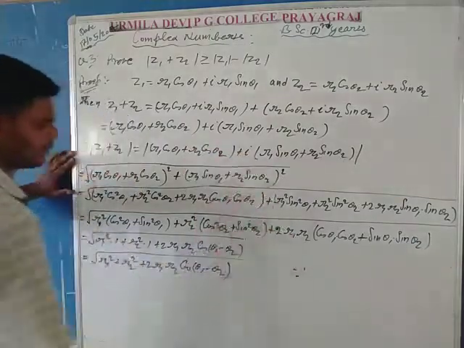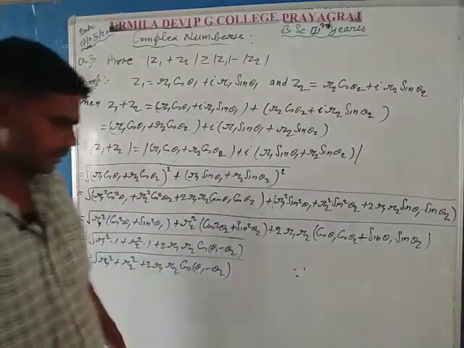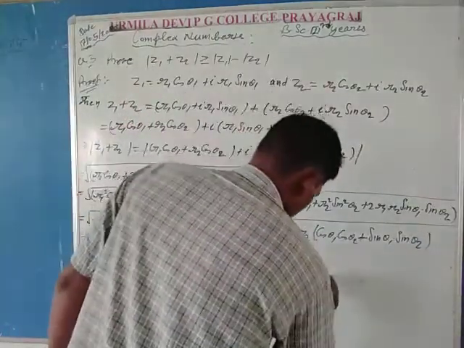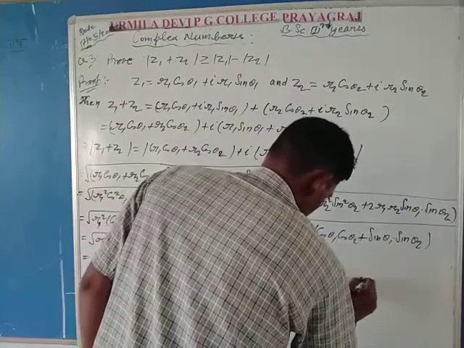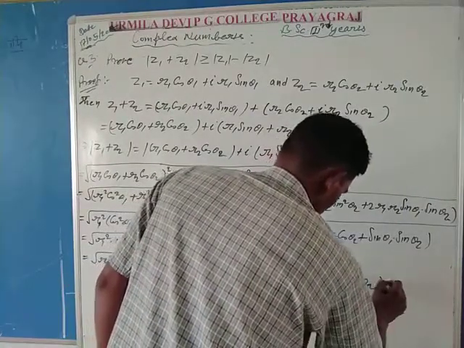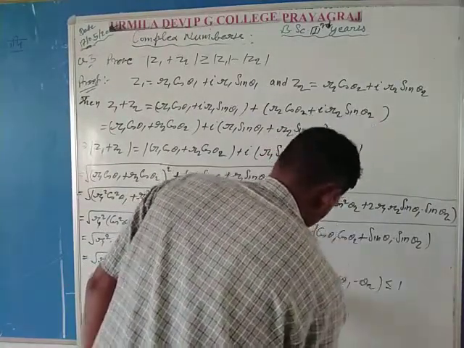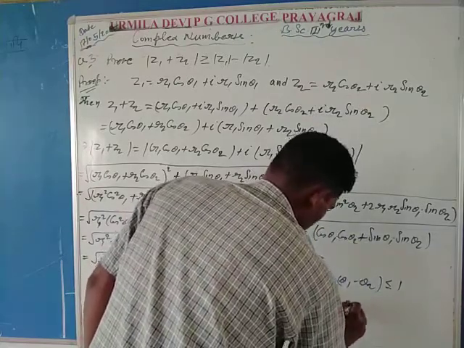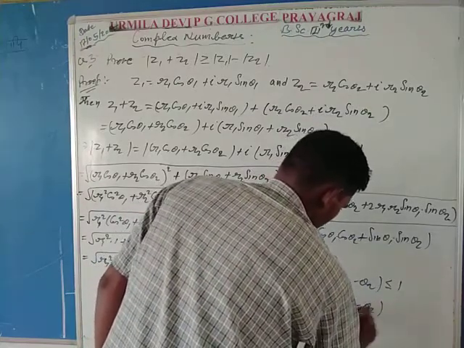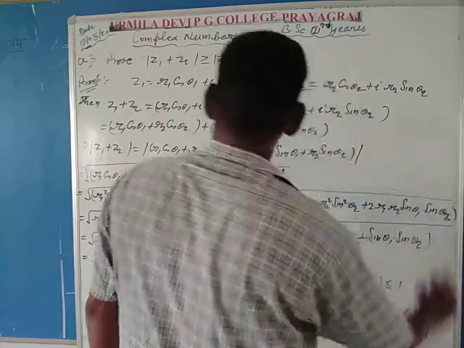But you know that by the inequality, cos (theta 1 minus theta 2) is always less than or equal to 1. It implies that cos (theta 1 minus theta 2) is always greater than or equal to minus 1.